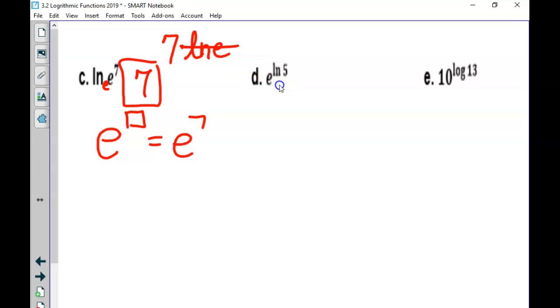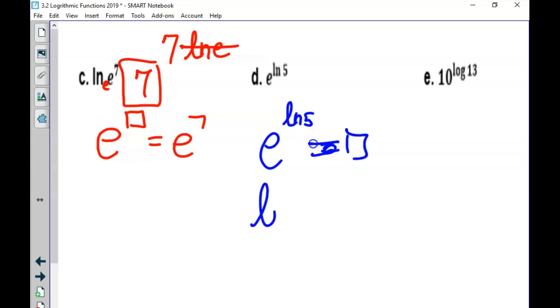Anybody remember this one? You got a guess? 5? Yeah, that'd have been my guess too. It is currently an exponent, right? So e to the ln of 5, oops, I kind of wrote that way up high. So if you were rewriting it as a log, you would say this equals something.